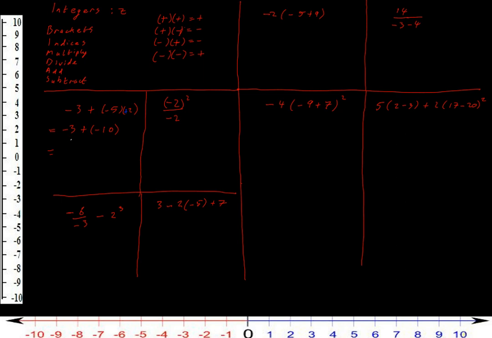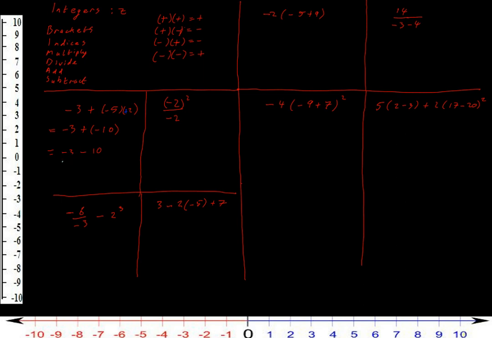And then I have plus multiplied by a minus. I have a plus out here, so I'm adding on a negative number, so that's the same as minus. So I have -3 minus 10, and I can do that on my number line, or on the number line in my head.